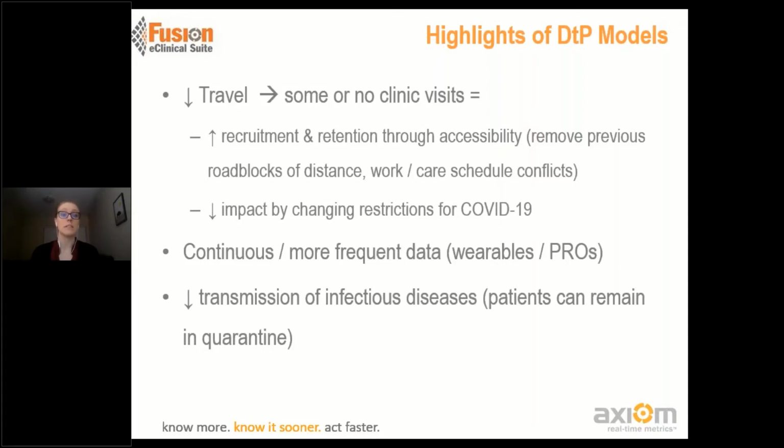This also means that if you have more remote visits, then right now when we're experiencing changing restrictions relating to COVID-19, that decreases the impact to the trial as you're already set up for those remote activities. Another benefit is the ability to have continuous or more frequent data, and that's coming in through wearables as well as patient-reported outcomes.